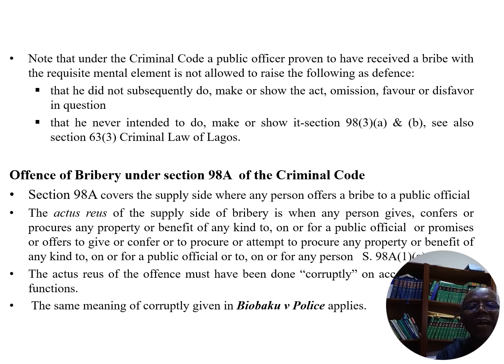Okay? The actus reus of the supply side of bribery is when any person gives, confers, or procures any property or benefit of any kind to, on, or for a public official, or promises or offers to give or confer or to procure or attempt to procure any property or benefit of any kind to, on, or for a public official.